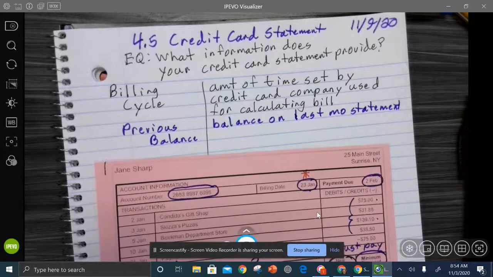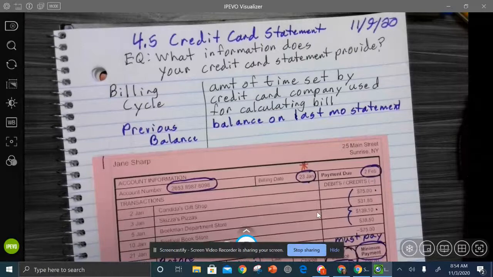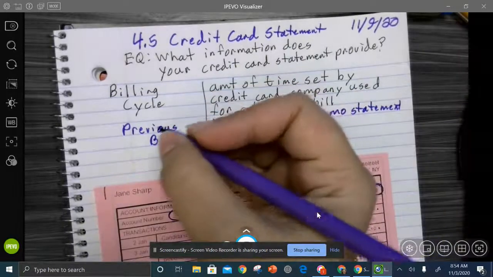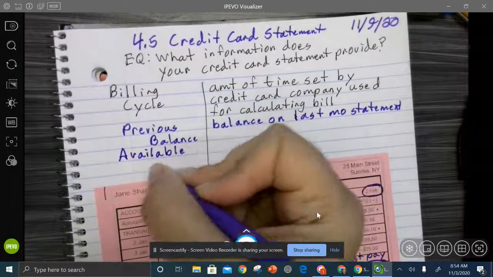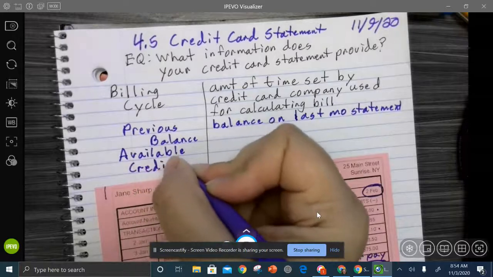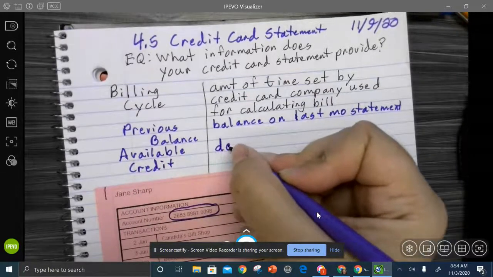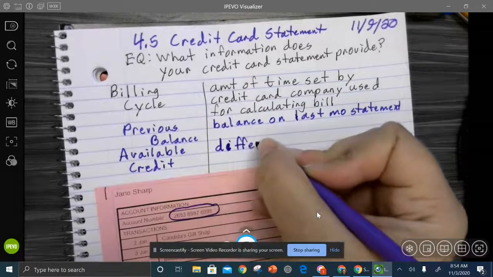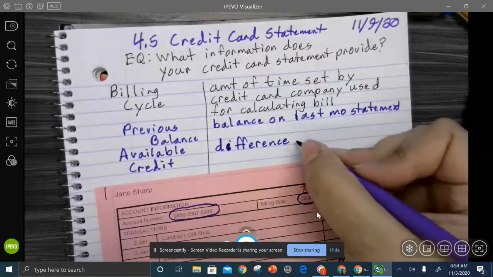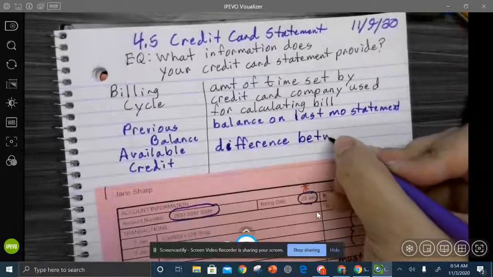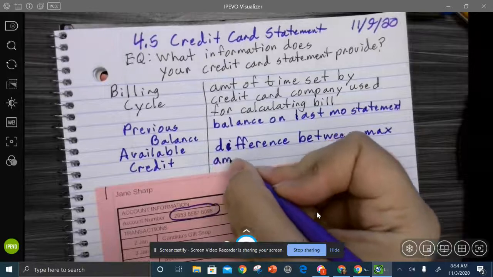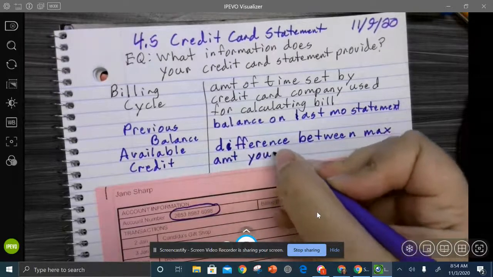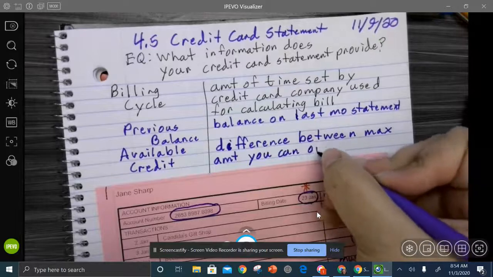So we can figure out the available credit, which is the difference between the maximum amount you can owe.